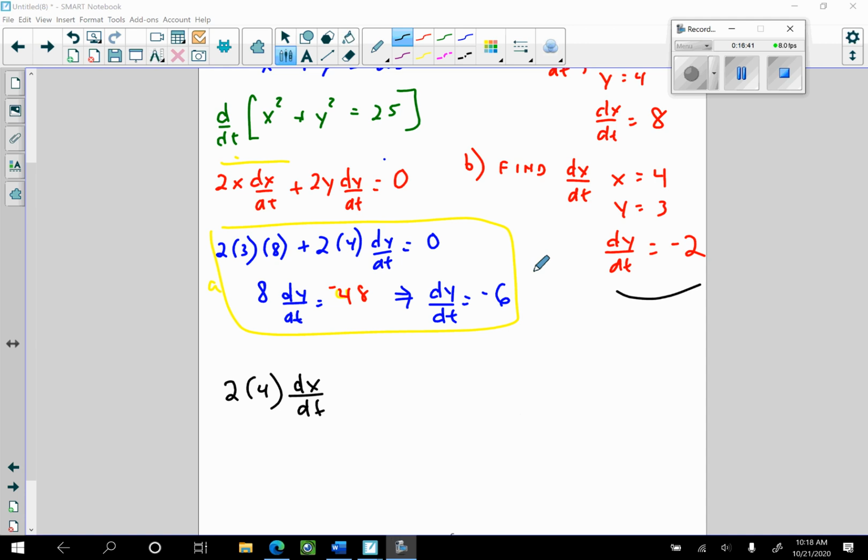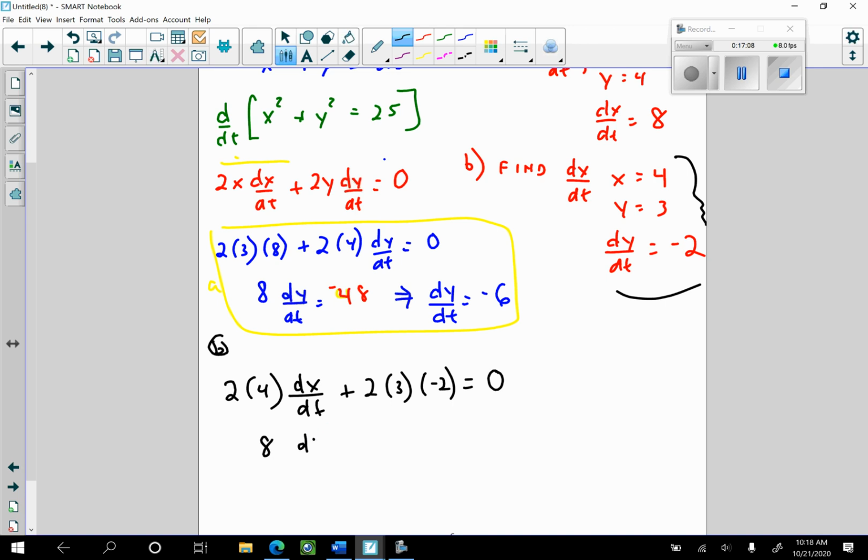Okay, so now I'm super fast. And so to do part B, I'm going to put this information in. I'm going to put 4 in for x. I want to know dx dt in this equation. I'm going to put 3 in for y. I know dy dt is negative 2. I know this is all equal to 0. And now I'm going to do some arithmetic.